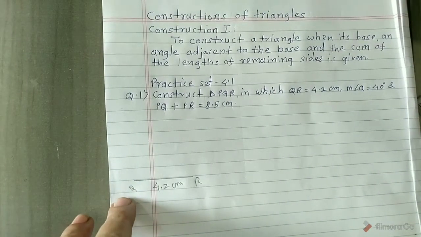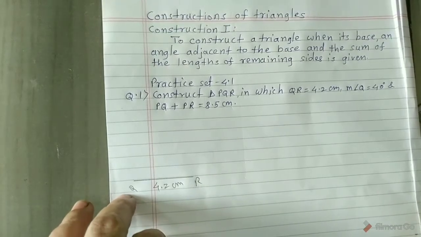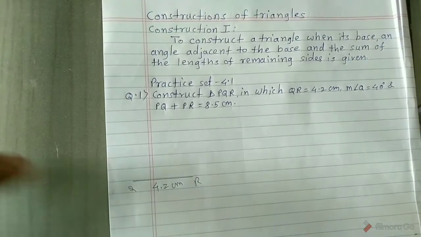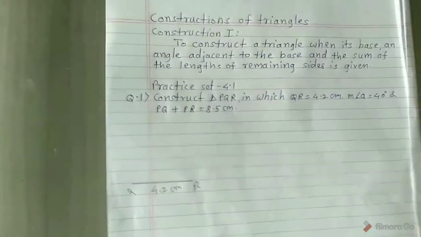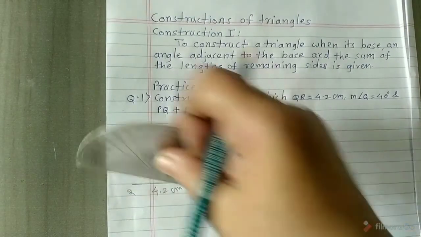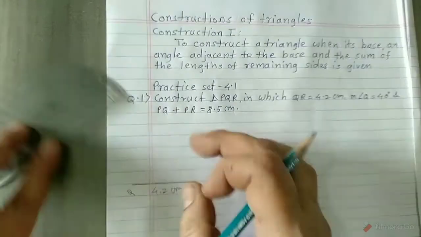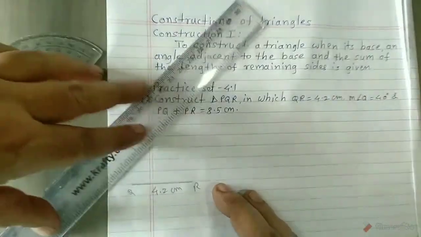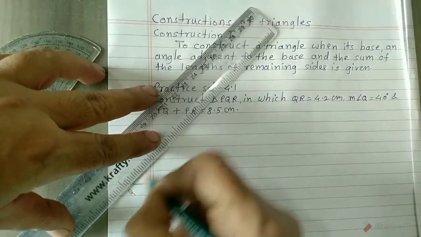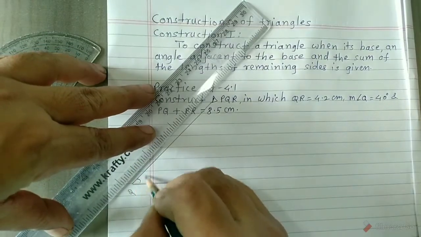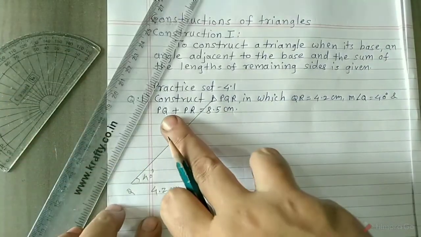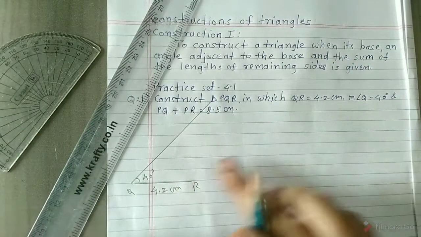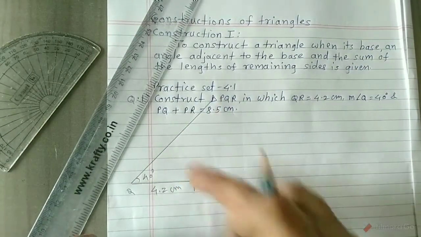So with the help of this protractor, we draw, in the rough diagram, a 40 degree angle here. Then the addition of PQ plus PR is 8.5.